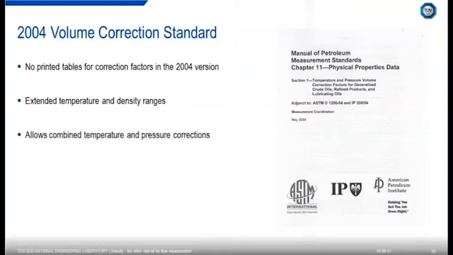The 2004 volume correction standard, the Chapter 11 from the API publication, again jointly with ASTM and the Institute of Petroleum, moved away from the printed tables to algorithms only, extending the temperature and density ranges and allowing for combined temperature and pressure corrections.